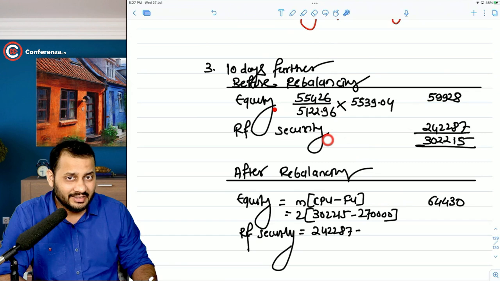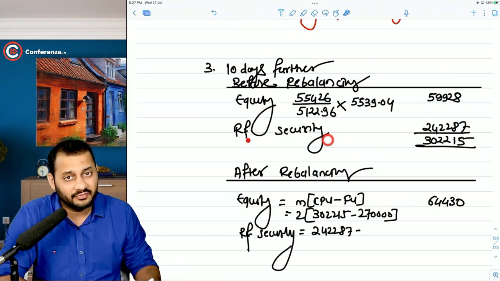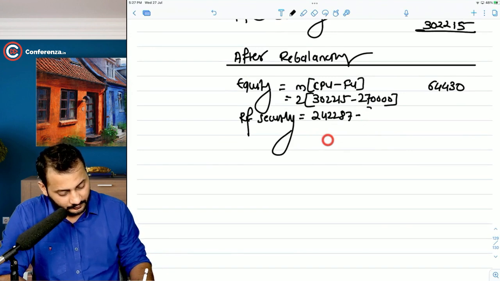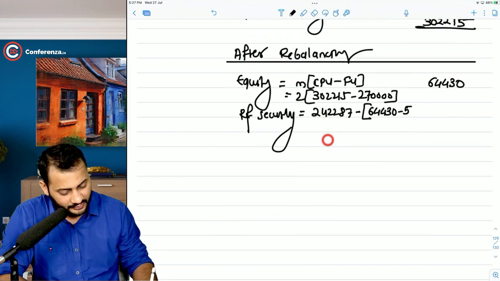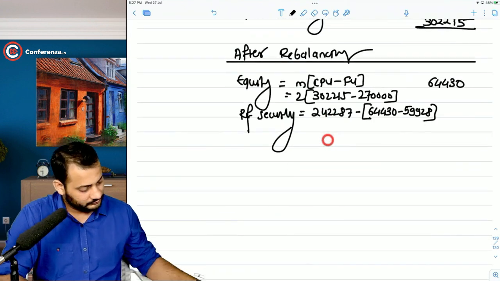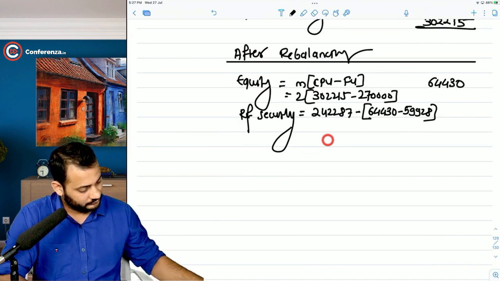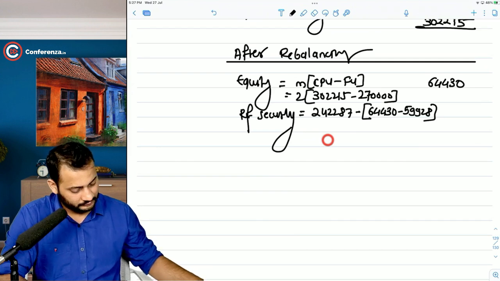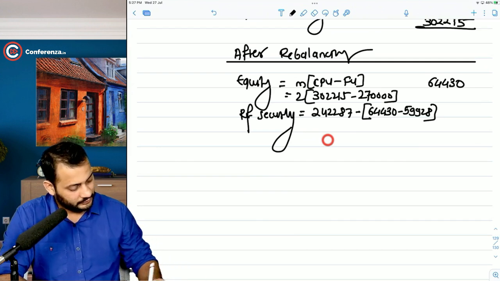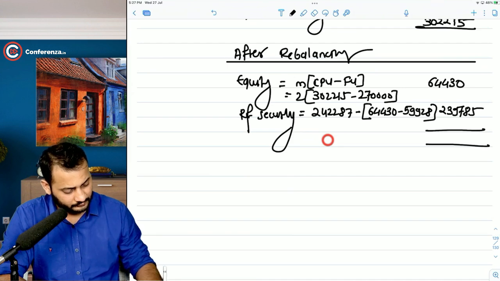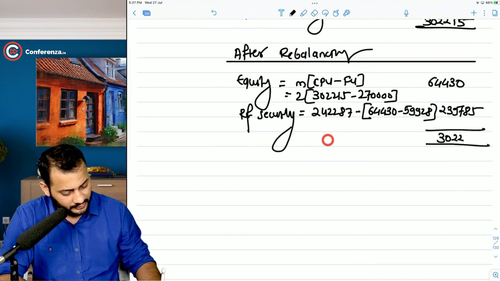That means you are buying equity and selling risk-free security, because the total has to be the same. 64,430 minus 59,928. That's 239,785. And the balance total will be 302,215.